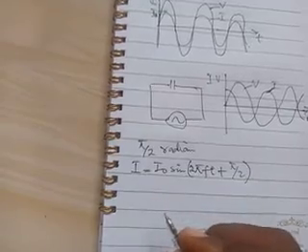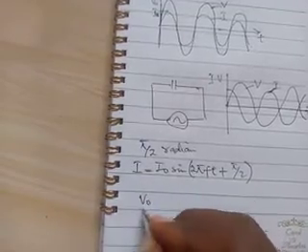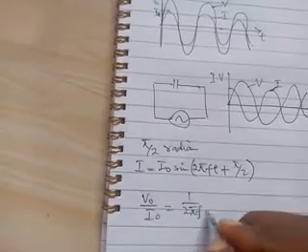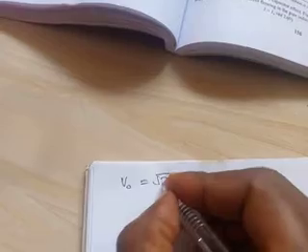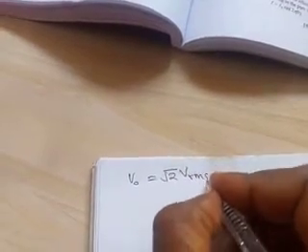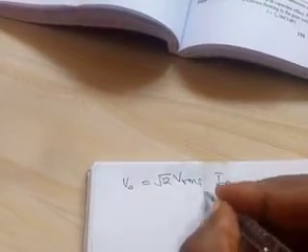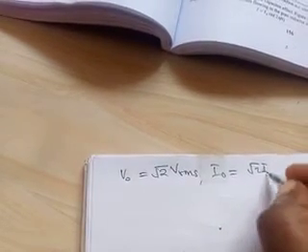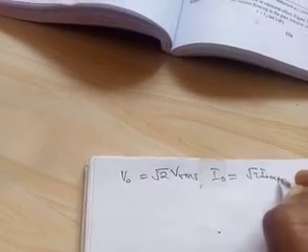Because of that, we say that V naught over I naught is equal to 1 over 2 pi f c. So we can replace V naught, because we said that V naught is equal to root 2 VRMS, and I naught is equal to root 2 IRMS.